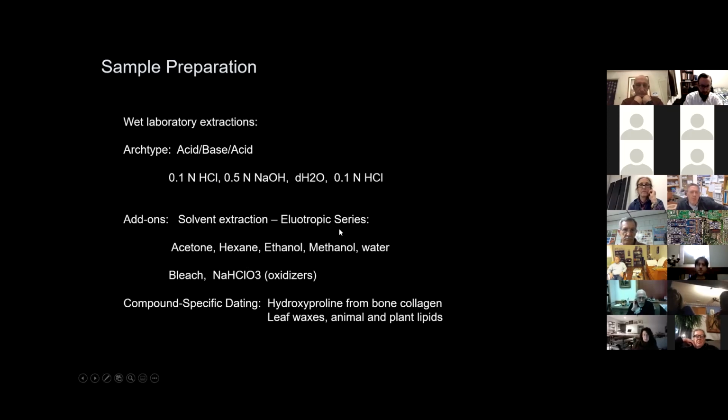And these are more used for museum objects or objects that have been handled extensively and may be contaminated with materials of a different age or different radiocarbon content in the sample, but are actually soluble in these hydrophobic solvents.